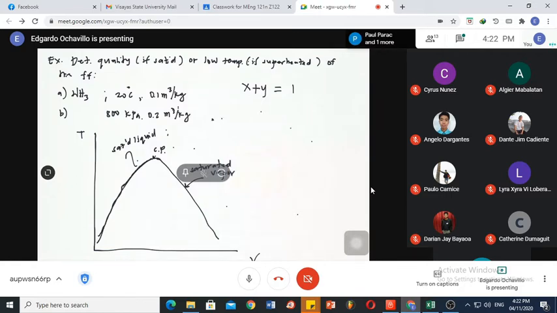Its y is equal to 1 and its quality is equal to 0.